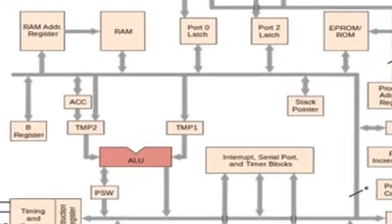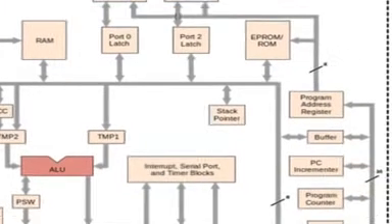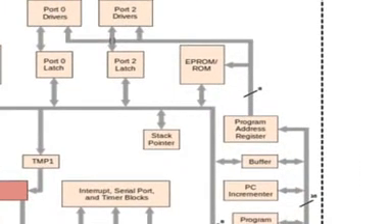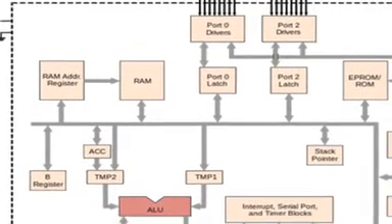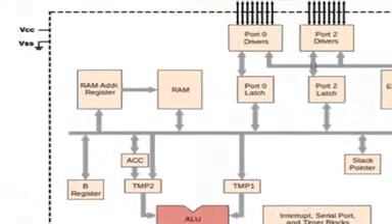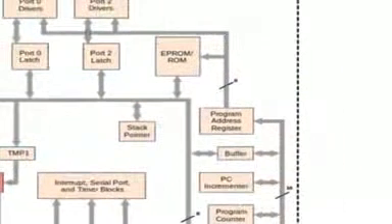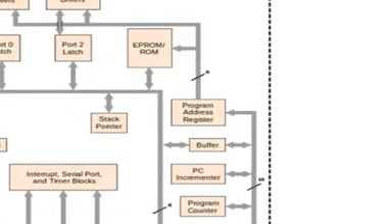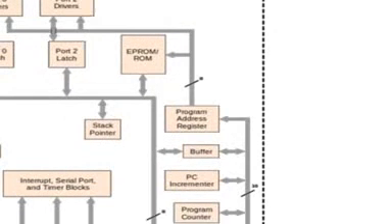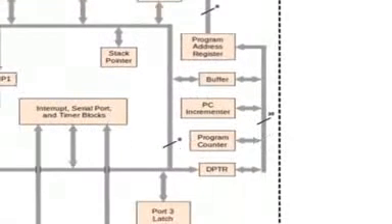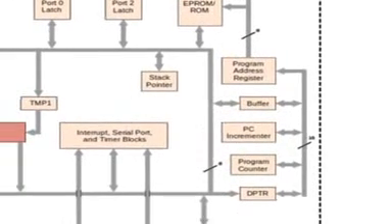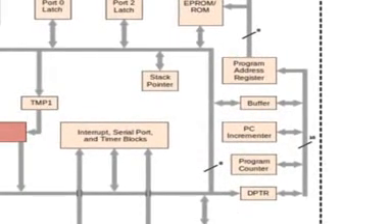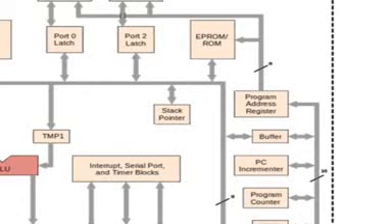Now here I have the stack pointer. Then there is RAM and the RAM address register. Then I have ROM and the ROM address register. Beside that, coming from down, I have DPTR, the data pointer, the program counter, the program counter incrementer, and a buffer.